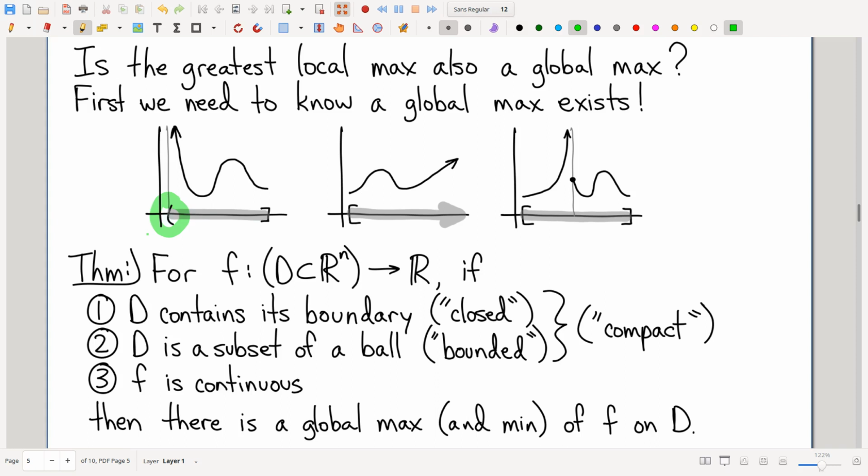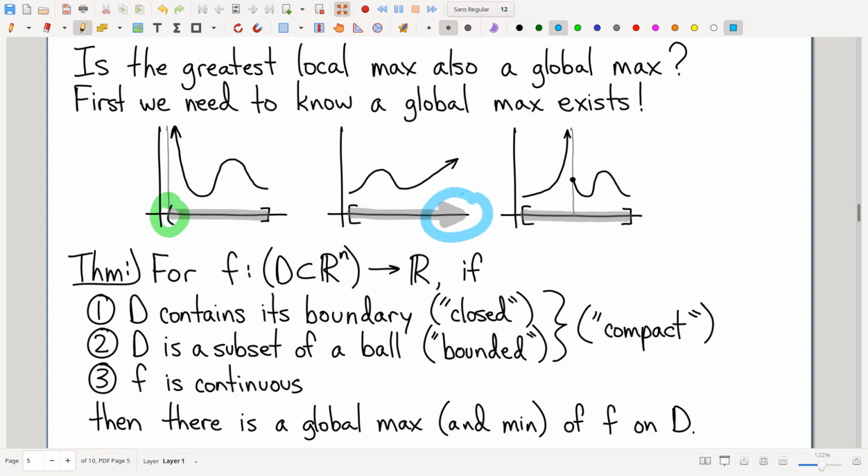My function can just keep getting bigger and bigger as I approach this non-existent endpoint, right? This function has no maximum value. It does not achieve a maximum value anywhere because there is no maximum value. So process of elimination wouldn't work there.